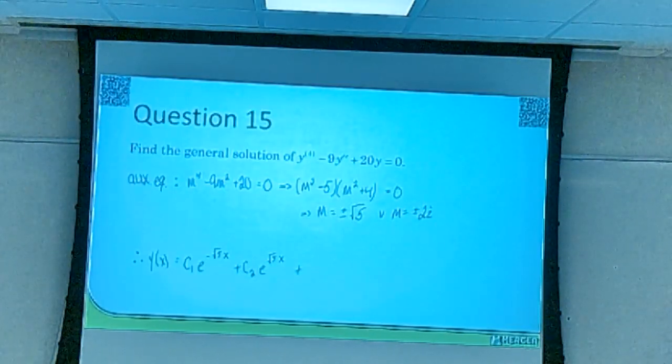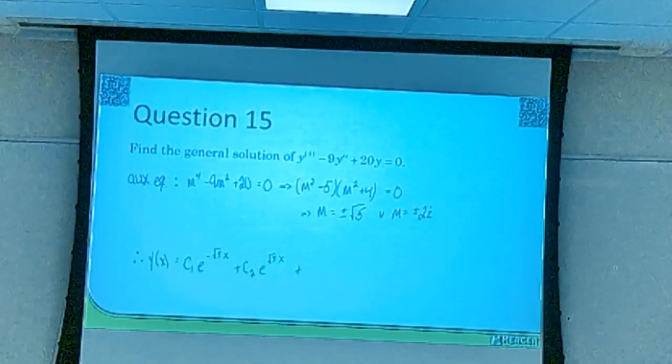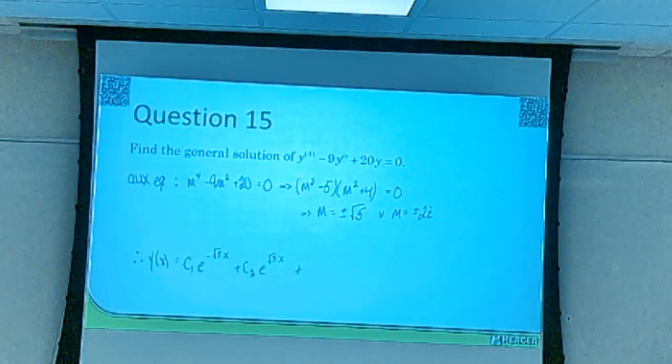For your complex solutions, what's the real component? What is the real component for our solution? 0. There's no e.